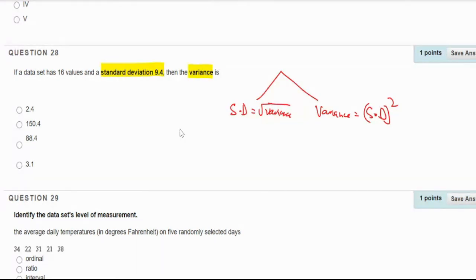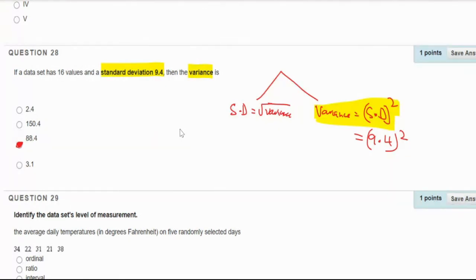So if they give you standard deviation and they're asking you for variance, this is what you have to use. All you're going to do is take the number and square it. So we're going to say 9.4 squared. And I don't know what that would be. 88.36. Okay. So we choose the 88.